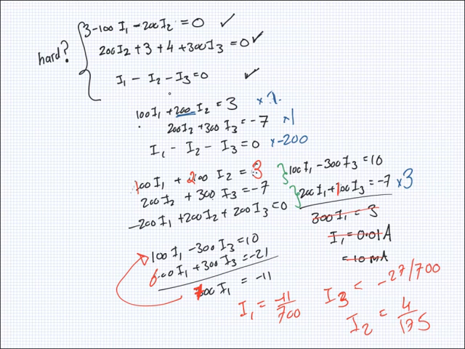But were my students last year bad students and didn't do it? Or did I make a mistake here? 3, correct. Minus 100 I1 minus 200 I2.